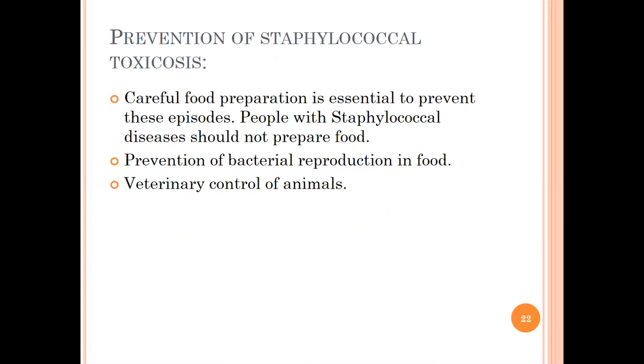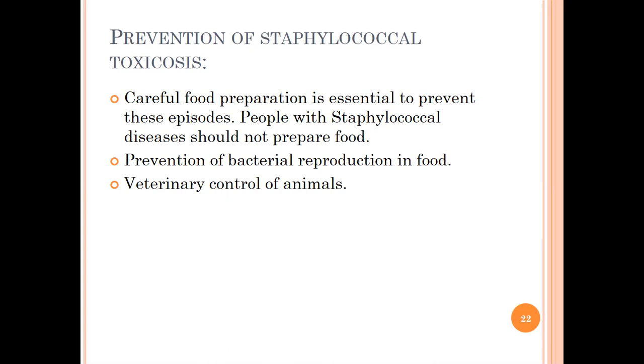How do we prevent staphylococcal toxicosis? We need to cook food carefully to prevent food intoxication. Sick persons, especially those contaminated with Staphylococcus aureus, mustn't cook food. They should be excluded until treatment.